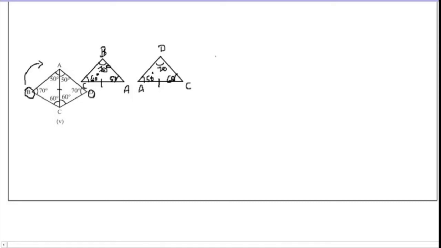Now we have to only check for the order of the triangles. So let's start with angle C on the left side here. Angle C is equal to angle C, of course. Angle C is equal to angle C on this side. Then we have the side AC. So we have AC equal to AC. And then we have the next angle, A is equal to A. So angle A is equal to angle A.